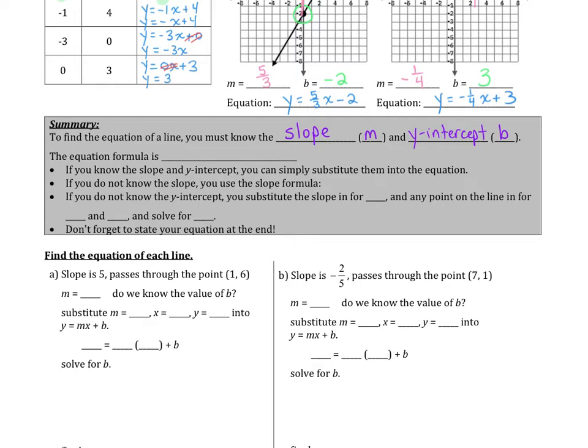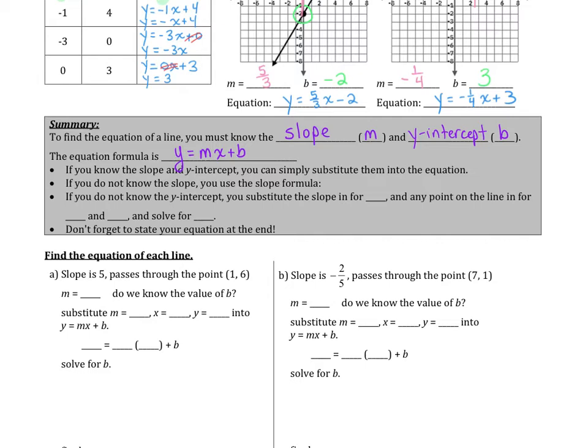And the equation formula is y equals mx plus b. Now, not all the questions are going to be as easy as the ones at the beginning. I don't want to say easy because it's not easy for everybody, but it's a little bit simpler to figure out what the slope and the y-intercept are.